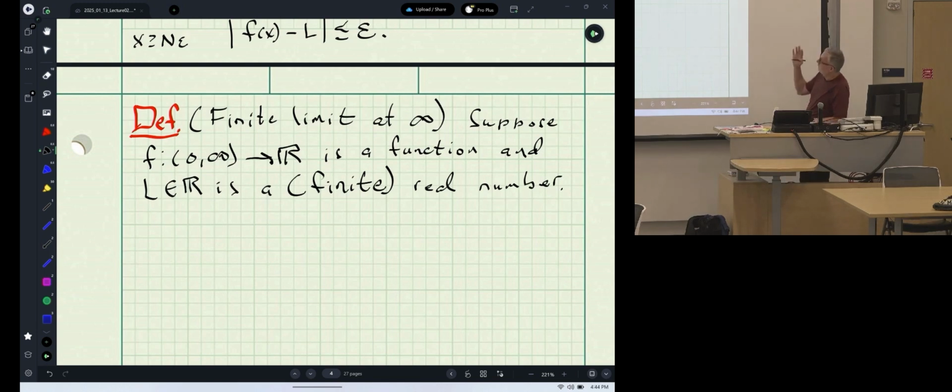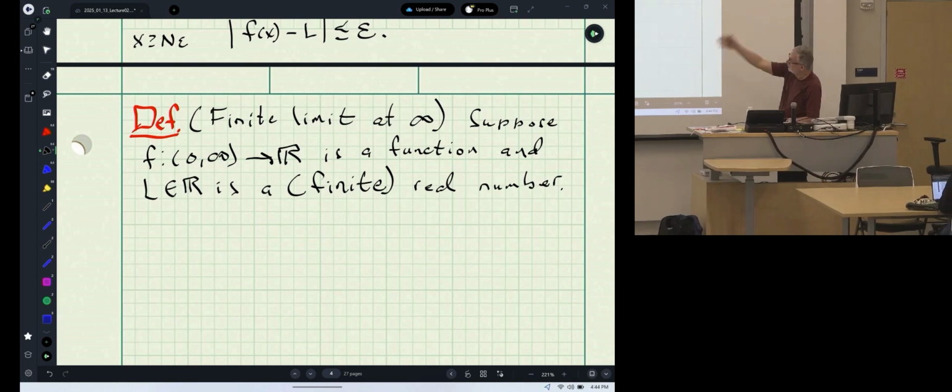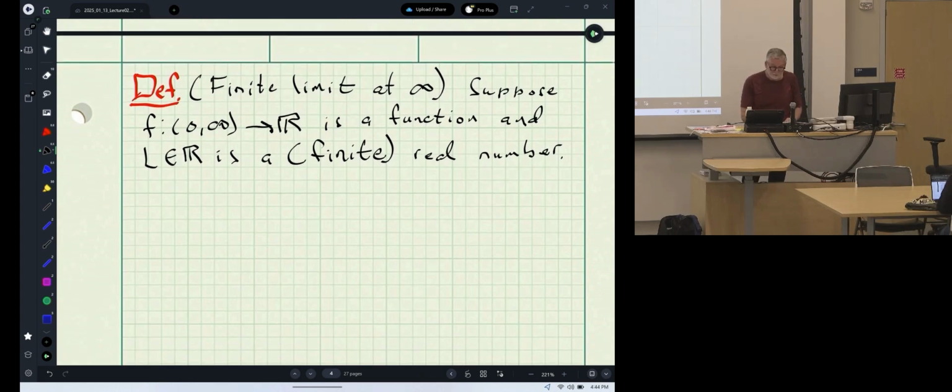Because remember, infinity is not a number, so infinity is not an element of the reals, and you can have really big real numbers, but all of them are finite. None of them are infinitely large.